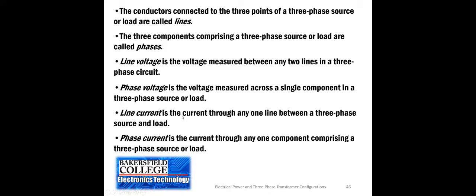Line current is the current that is coming into or out of the lines connected between a three-phase source and the load, and the phase current is through any component, a coil, whether it's a motor coil or a transformer or something like that, comprising a three-phase source or load.